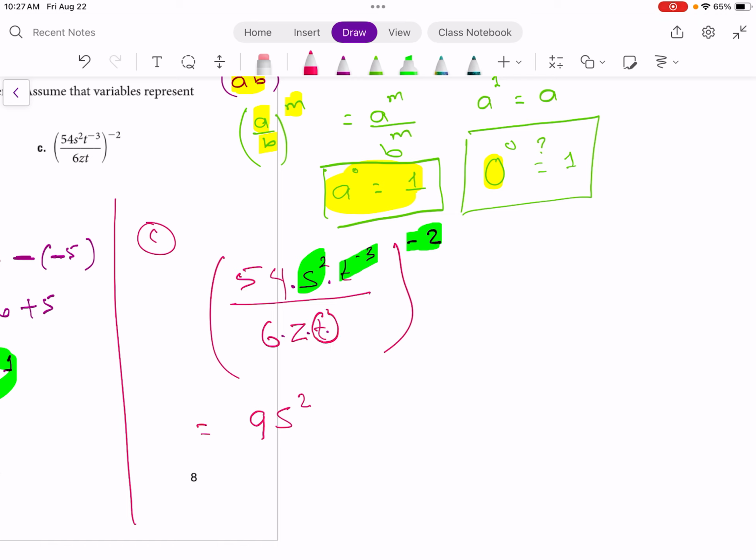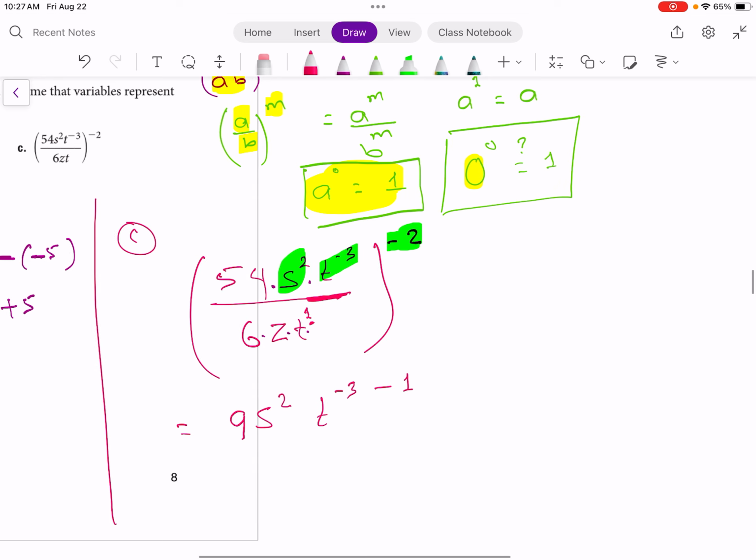And its exponent, if it's nothing, it's always 1. And it's division, right? So you write down the t to the power minus 3 minus the power of denominator, which is 1. Okay, and we still have g in the denominator, and do not forget about this -2.